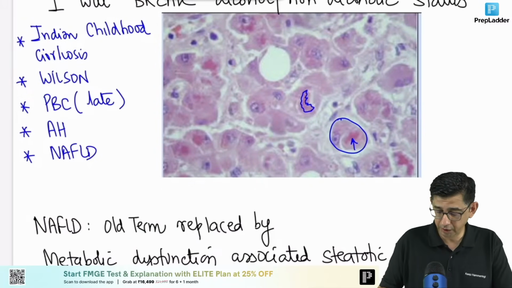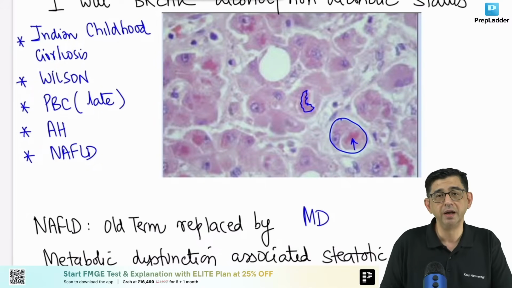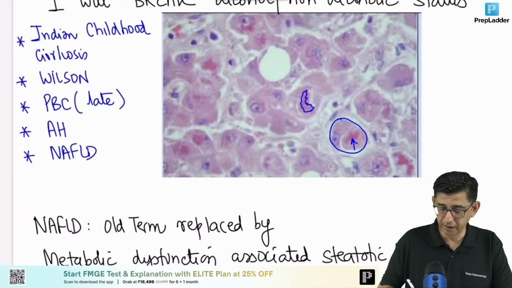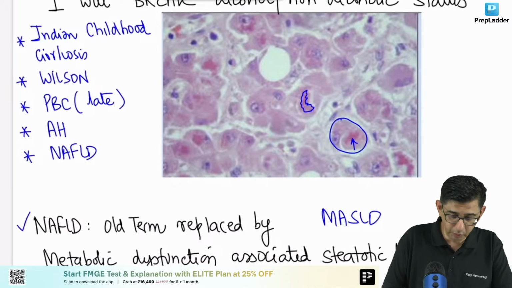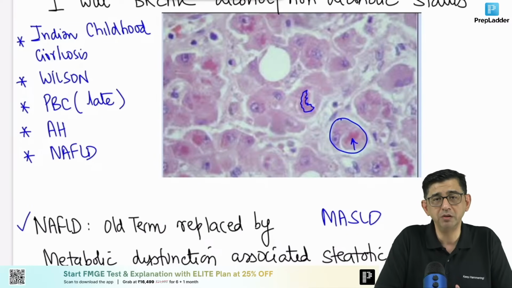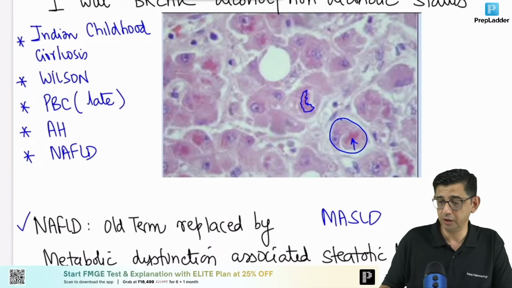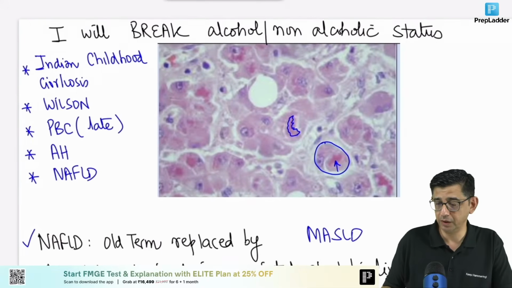Nowadays, the term used is metabolic dysfunction associated steatotic liver disease, MASLD. So one, you need to be aware of the new terminology, and second, these are the conditions in which Mallory-Hyaline bodies can be seen in a patient.